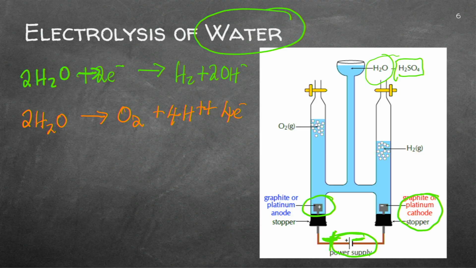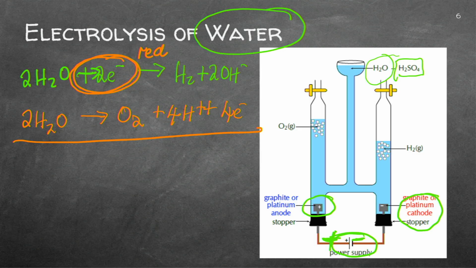So let's now get the two half reactions. Can you see there? There I've got the gain of electrons. Can you remember what's the gain? Reduction is gain, and on the other hand, we've got oxidation, which is the loss of electrons.